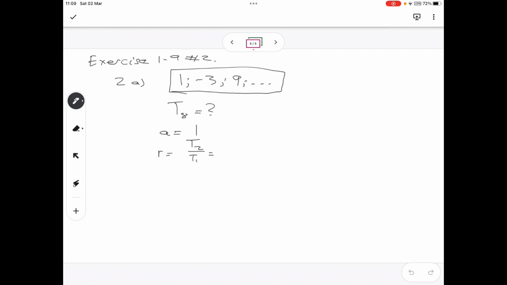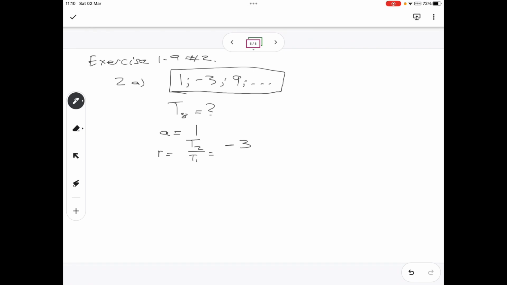Okay. So our constant ratio is the second term divided by the first term. And for this sequence, what's our second term? I'm blank, so you can continue now. Okay, so our first term is 1, our second term is -3, and our third term is 9.